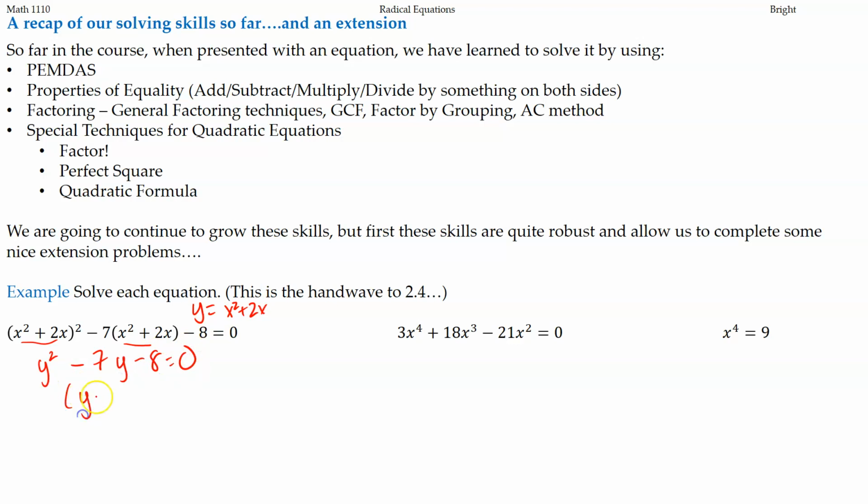I can factor this much more easily, y minus 8 and y plus 1. And then I get y is equal to 8 and y is equal to minus 1. But then really remember that I have to go back, and y is really this x squared plus 2x. So then x squared plus 2x is equal to 8, and x squared plus 2x is equal to negative 1.